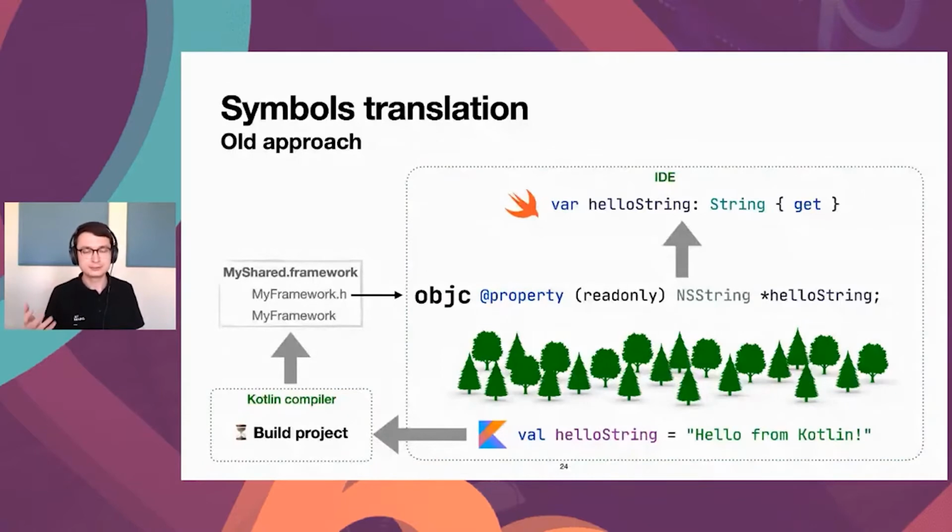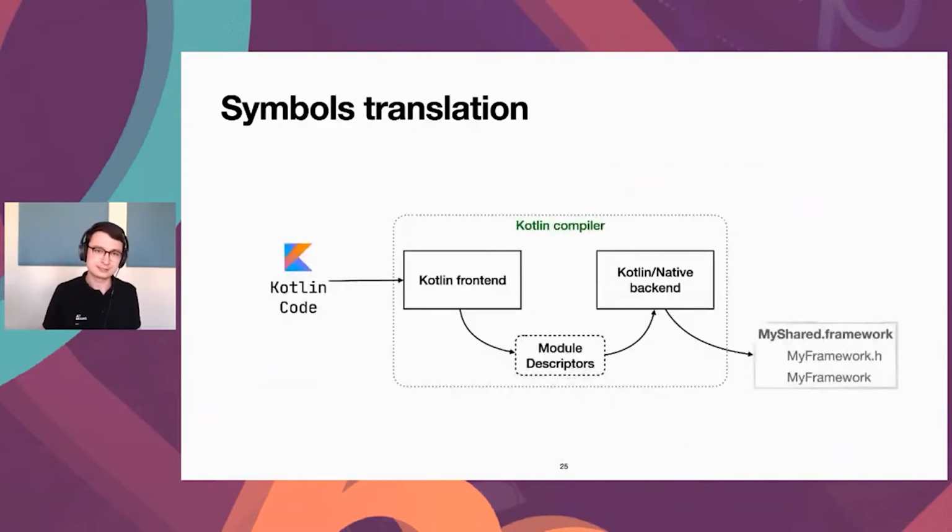That's how it used to work in previous versions of the Kotlin Native plugin for AppCode. Let's have a closer look at the Kotlin compiler. What does it do? It takes Kotlin code. Then the Kotlin frontend generates some module descriptors. It's like the internal structure of your Kotlin code.